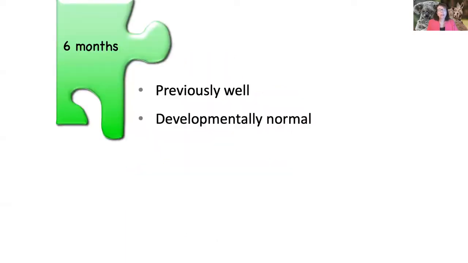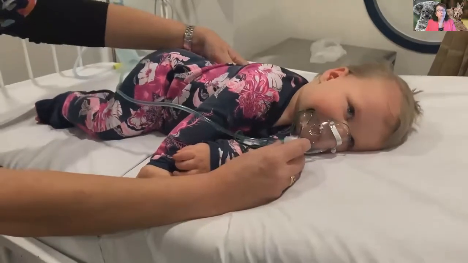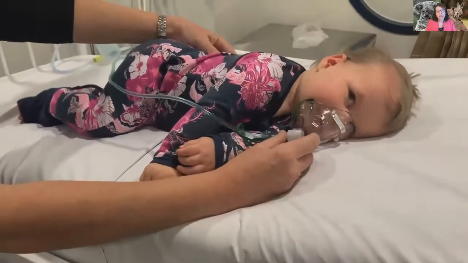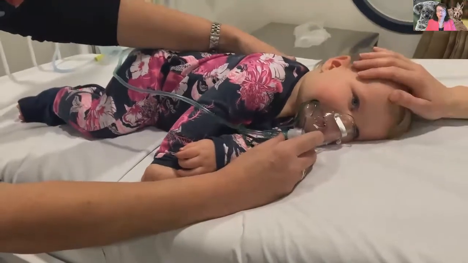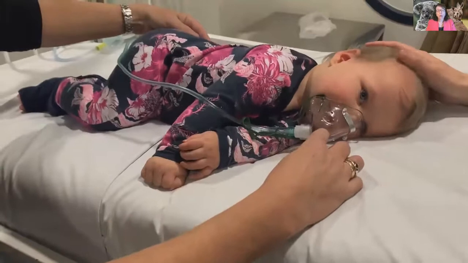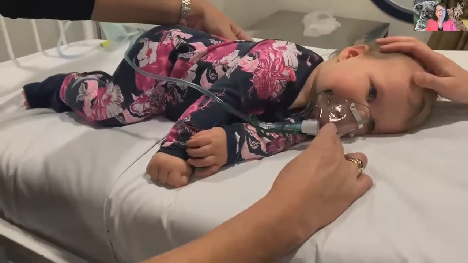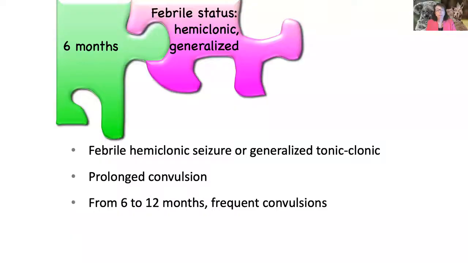With Dravet syndrome, historically, we've always taught that you see a previously well and developmentally normal baby come along with their first seizure. And the seizure often has these features with jerking down one side, which we call hemiclonic, and is historically quite prolonged. We've thought that they presented with status epilepticus, which is defined as at least 30 minutes, and often the baby has a fever.